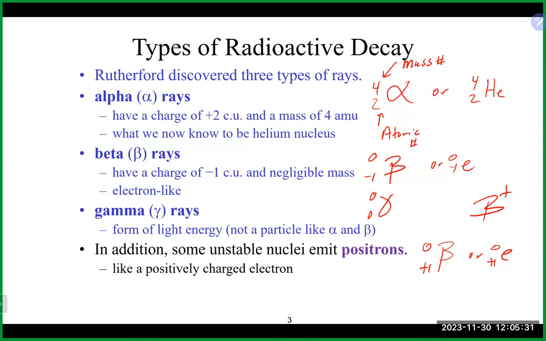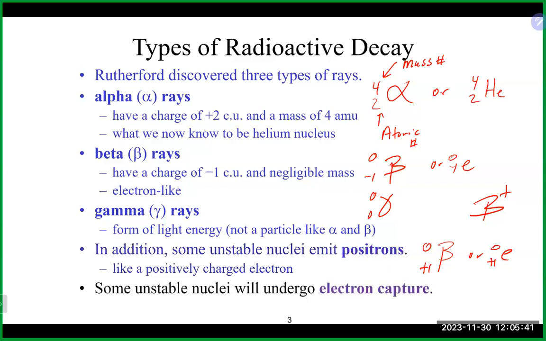But if you just see a beta symbol with nothing written, it's probably safe to assume that it's the beta particle rather than the positron. Usually they will distinguish the positron. Some of them as well will, as we'll talk about, go through a reaction sometimes referred to as an electron capture, which is basically shooting an electron at something and it captures it.